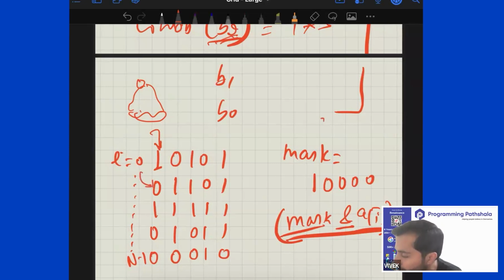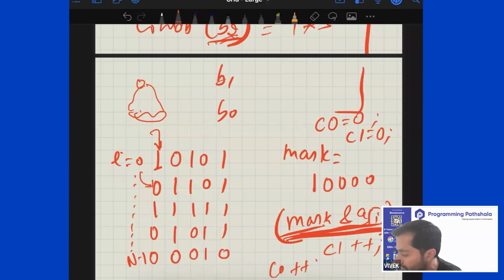Now, you are taking two counts, count 0 and count 1. If this result is 1, we are doing count 1 plus plus, and if this result is 0, we are doing count 0 plus plus.